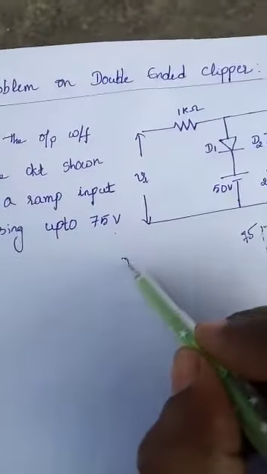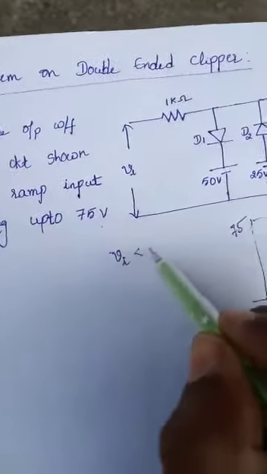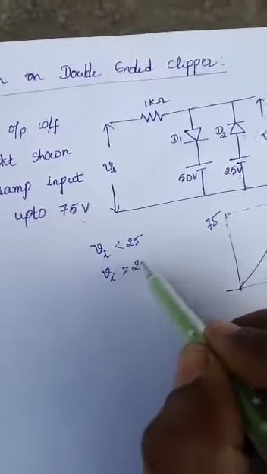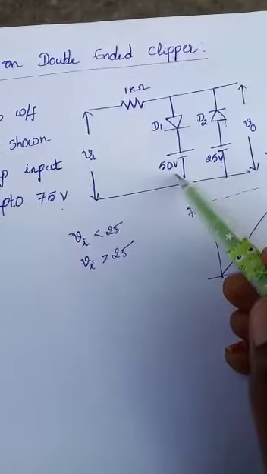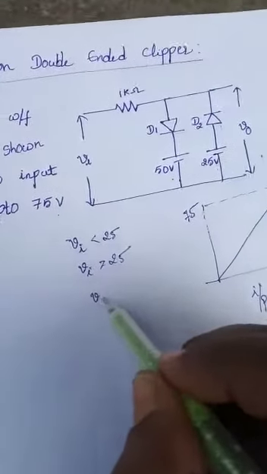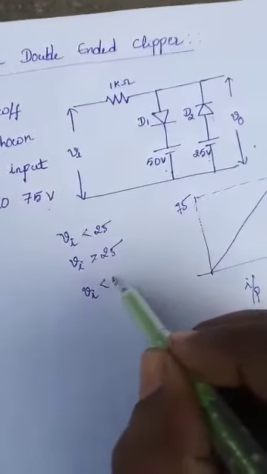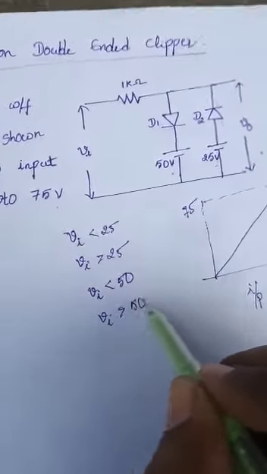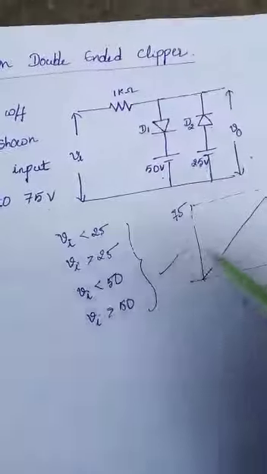The four conditions are like this: Vi less than 25 and Vi greater than 25, these are the two conditions. And for the reference voltage of 50 volts, the two conditions are Vi less than 50 and Vi greater than 50. So totally there are four conditions for the two diodes.